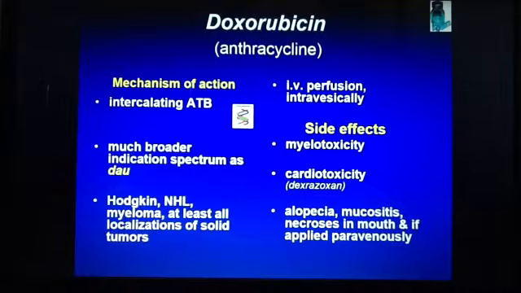Then daunorubicin. Mechanism of action similar to the other intercalating antibiotic, but this one has a much broader indication spectrum. And this is indicated for Hodgkin's disease, NHL, myeloma, at least all localizations of solid tumors. IV perfusion, intravesically, and there are side effects: myelotoxicity and cardiotoxicity.